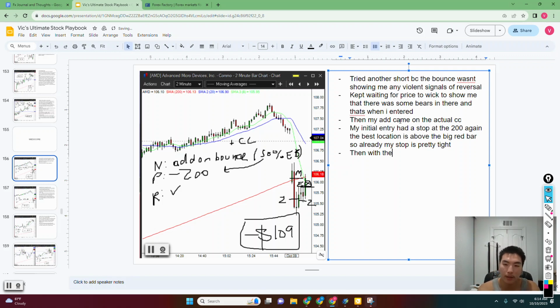Then with the add, I have to reduce risk. So I go right to event stop. Right. Go right to event stop. This thing, which makes the stop very tight.